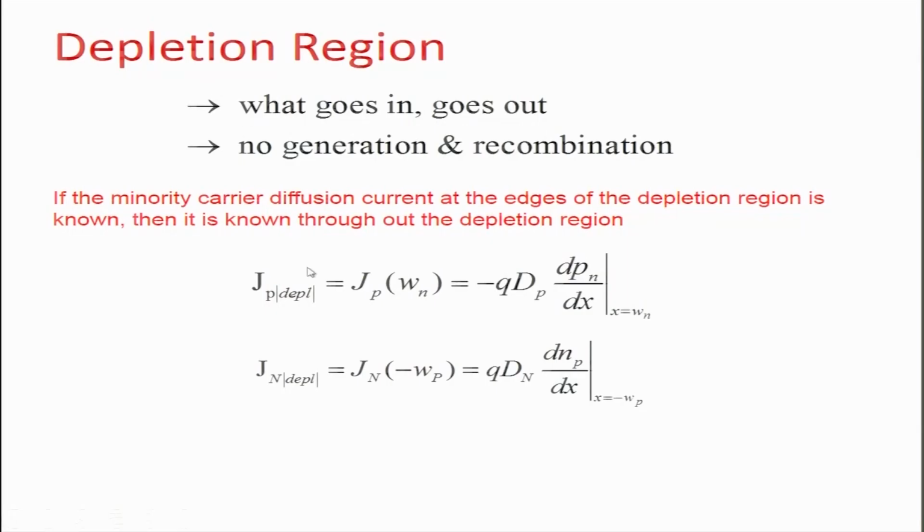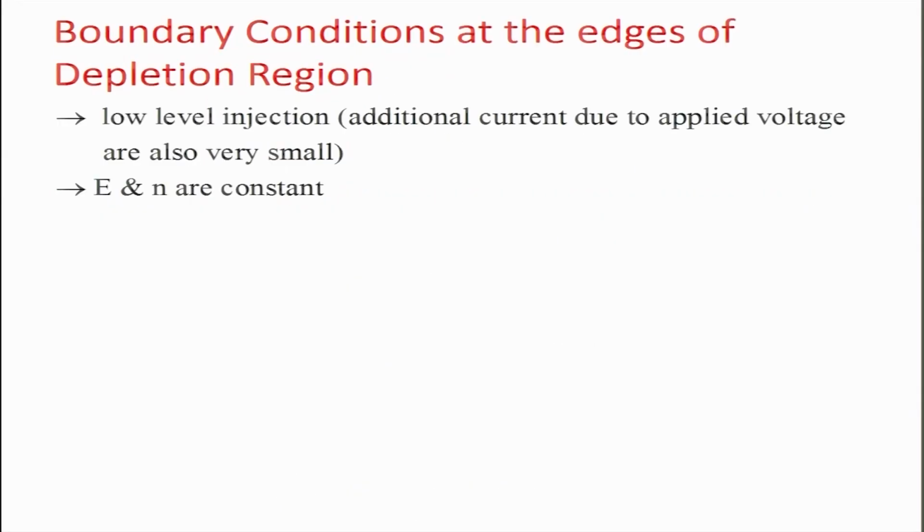So, for the hole current I have taken the edge of the depletion region on the N side, and for the electron current I have taken the edge of the depletion region near the P side. And we know that both are minority currents on each side. So total current is this, as we saw earlier, J is equal to Jp at Wn plus Jn at minus Wp. Now to solve these equations we need the boundary conditions.